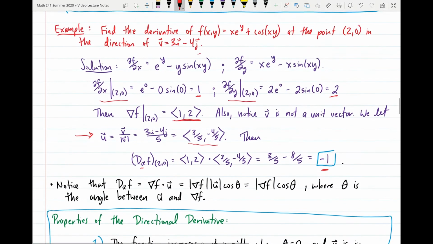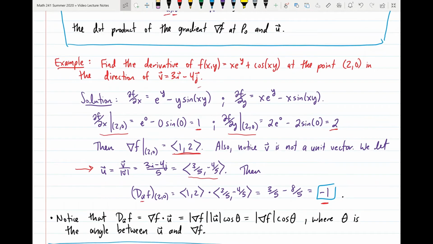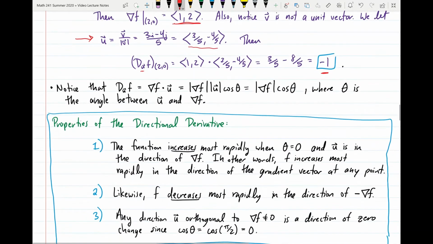So this tells us that the change in our function f with respect to the arc length parameter s along the line in the direction of this vector here at the point 2, 0 is equal to -1.